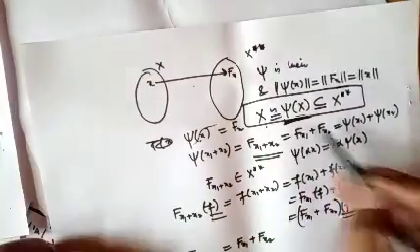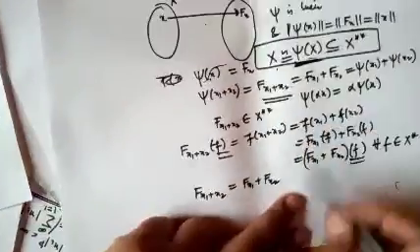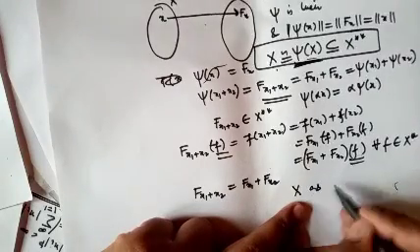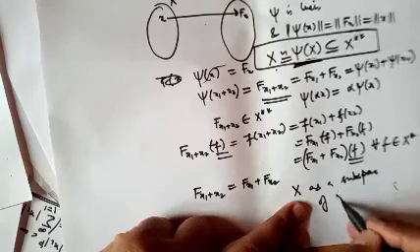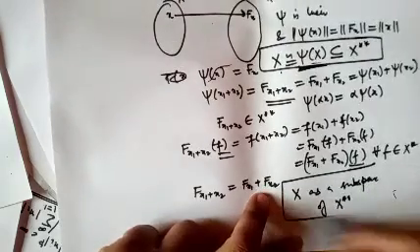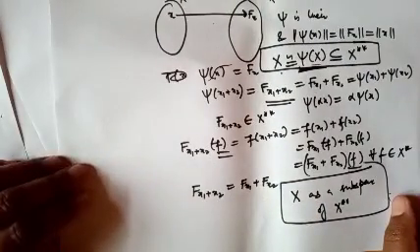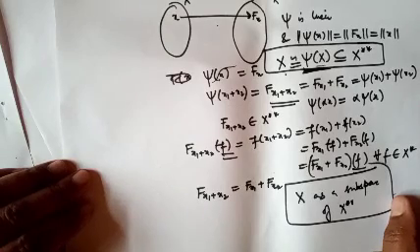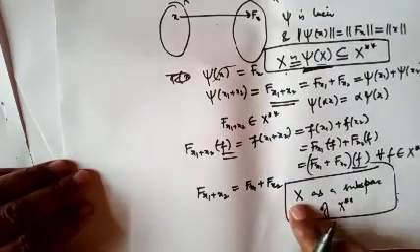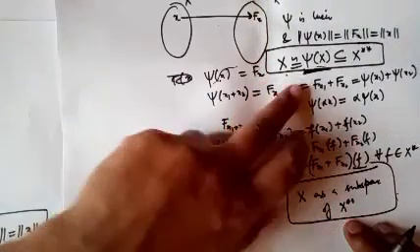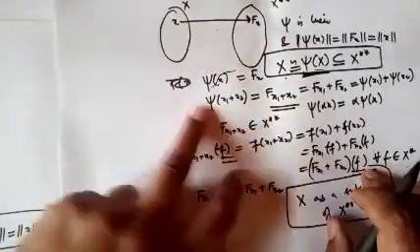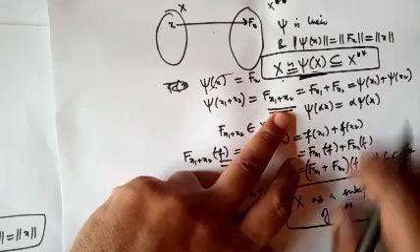That means I can think of X as a subspace of X double star. Now remember, this is an important thing. So I can think of X as a subspace of X double star because it is isometrically isomorphic to psi of X using this canonical mapping.